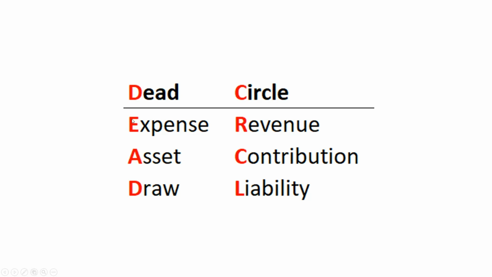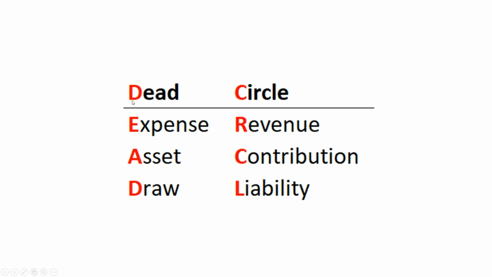For expenses, assets, and draws or withdrawals, remember when an owner takes money out of the business, technically you might see it in the book as withdrawals, but think of it just as draws, the same thing. This indicates that the debit side, or the left side, is the increase for expenses, assets, and draws. So again, expenses, assets, and draws are increased with a debit.